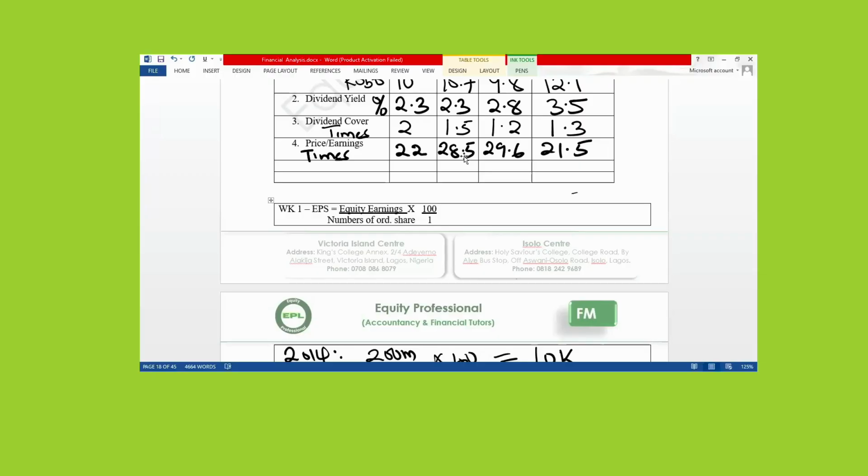Look at the variables you have used to calculate those ratios. Let's continue.